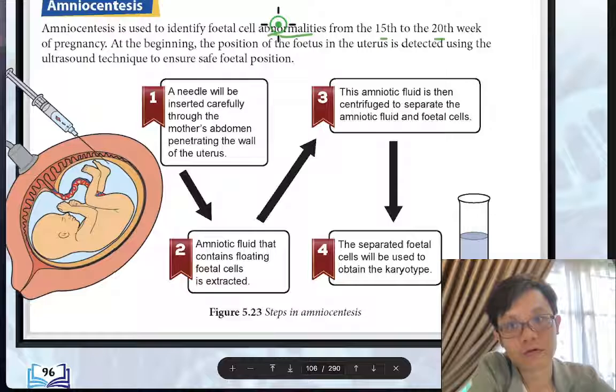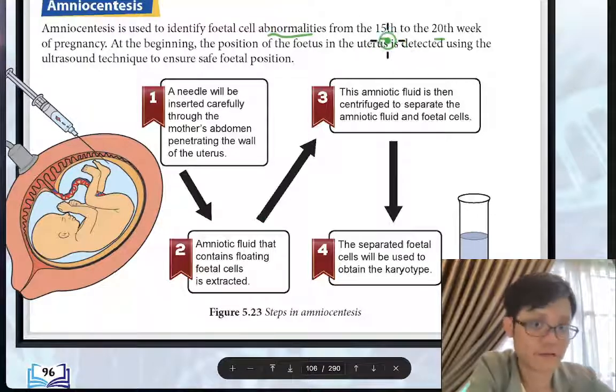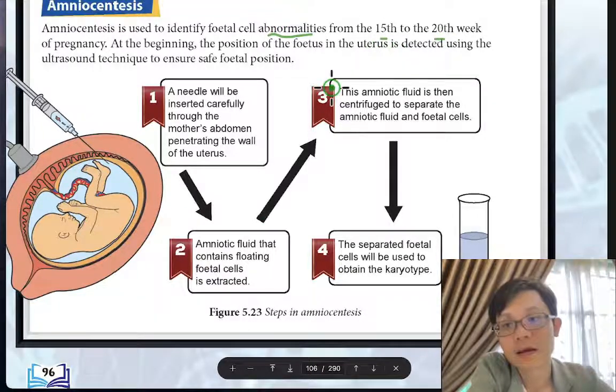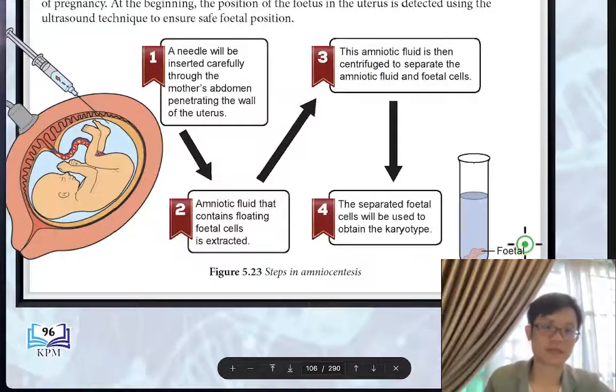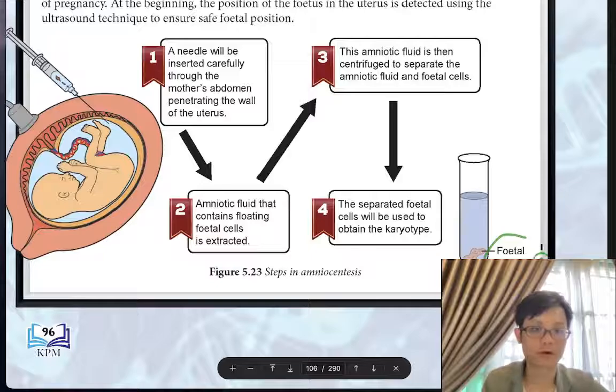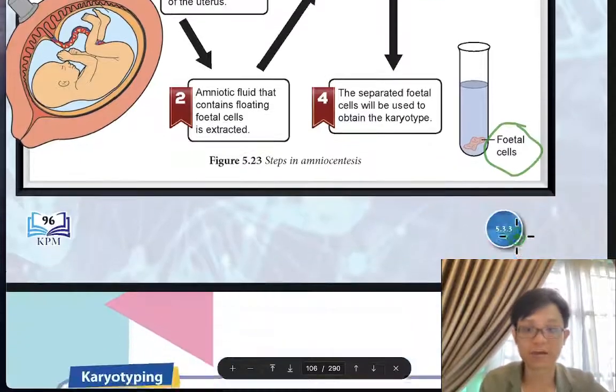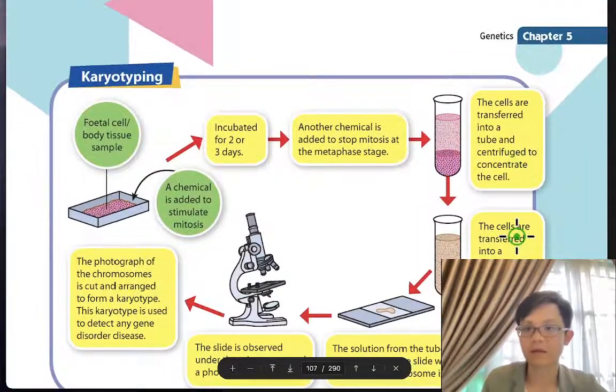But we know now we can check at 15 or 20 weeks. A needle penetrates the abdomen and uterus. You collect some fetal cells, take some cells out, and you check whether there are abnormalities or no abnormalities.